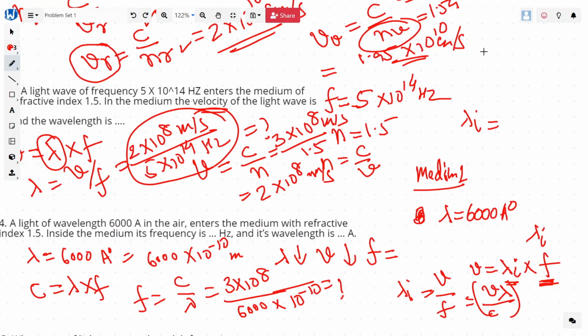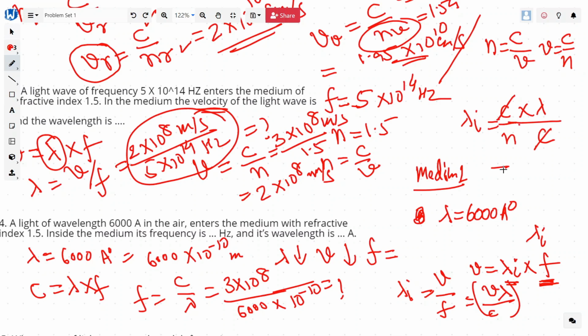Now v, we can derive that from the refractive index, right? So refractive index is c by v. So v is going to be c by n. So we are going to put that here. So instead of v, we write c by n, into lambda divided by c. And as you can see, the c will cut. And basically, this is going to be like that.